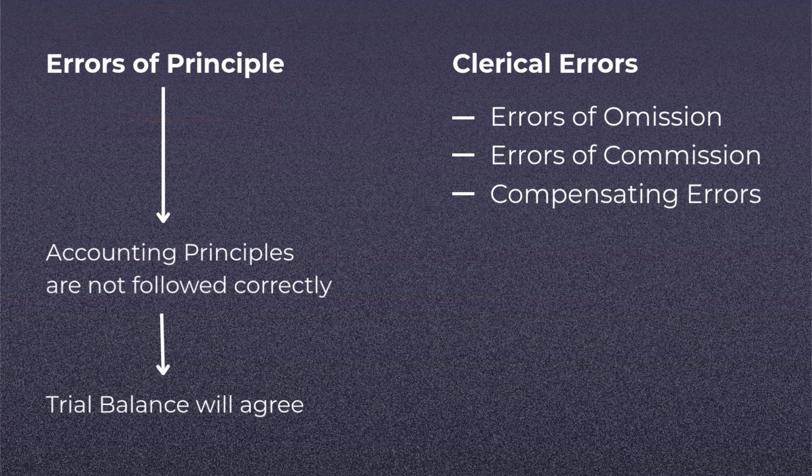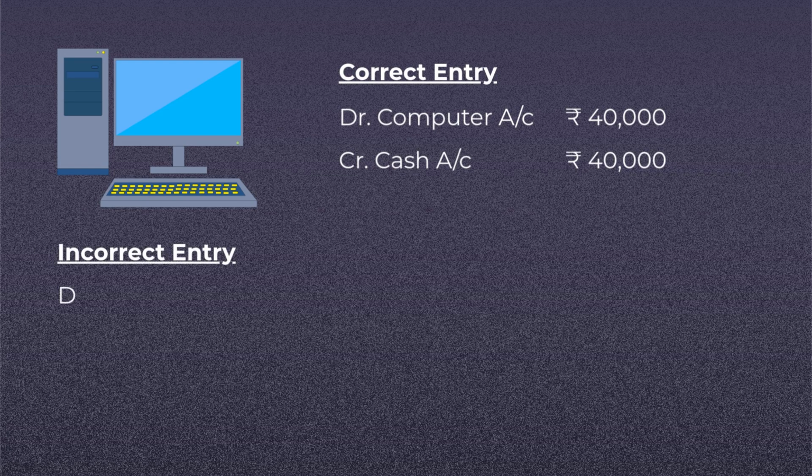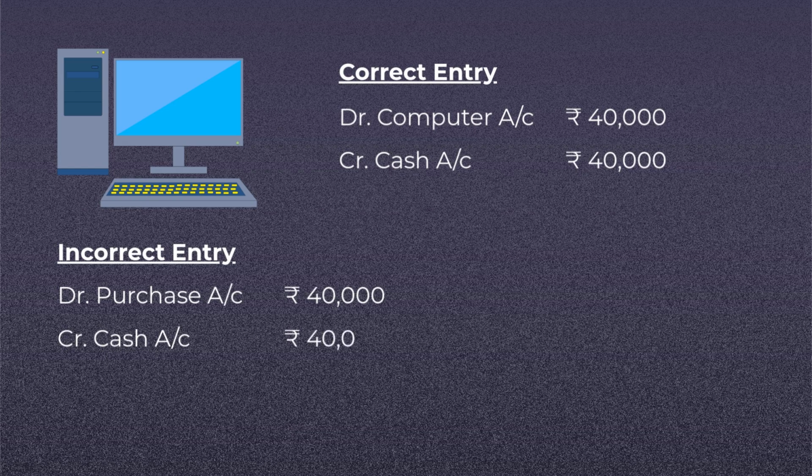Suppose a business purchases a computer for rupees 40,000. The correct accounting entry would be debit computer account rupees 40,000, credit cash account rupees 40,000. But the accountant records an incorrect entry as debit purchase account rupees 40,000 and credit cash account rupees 40,000.